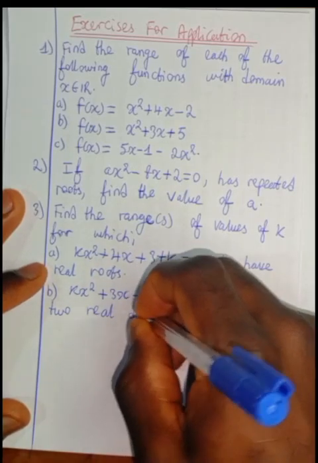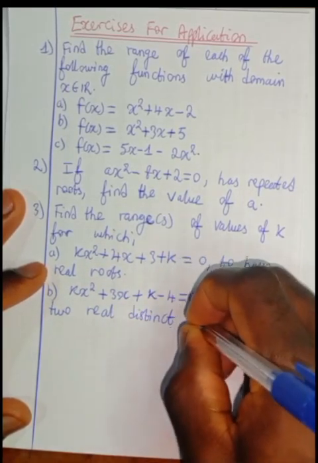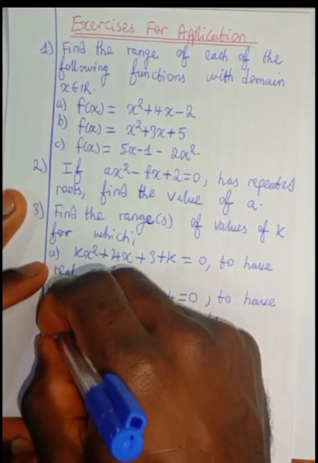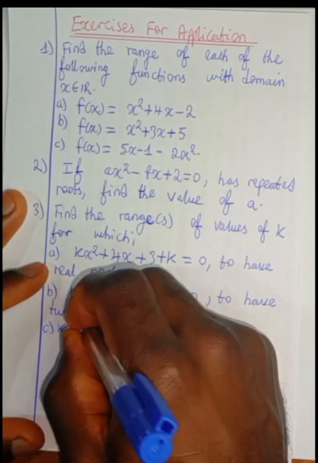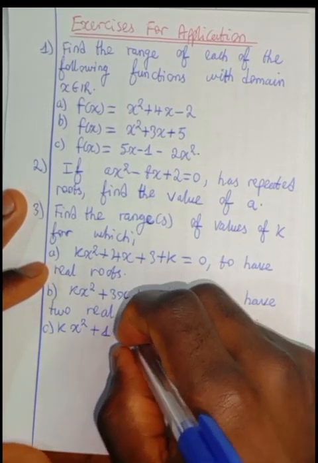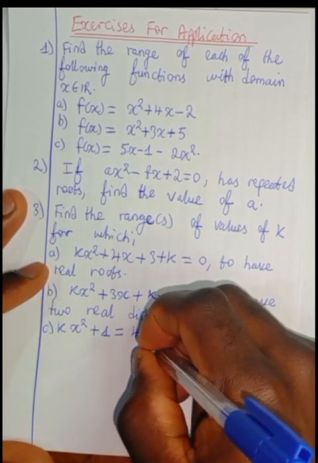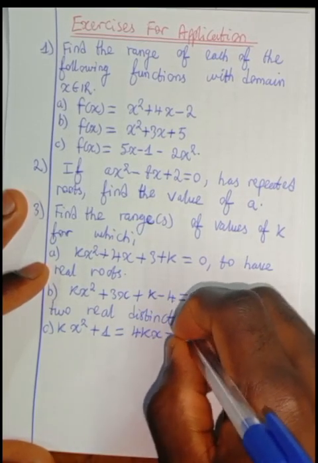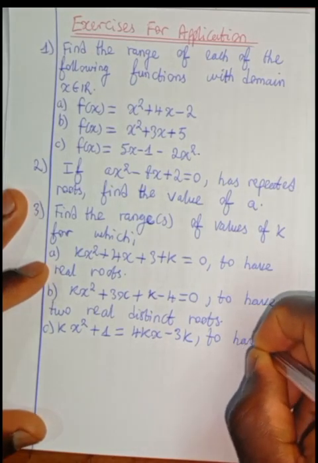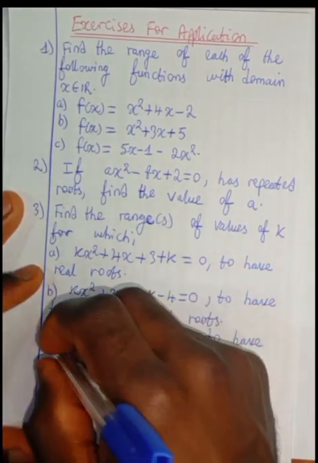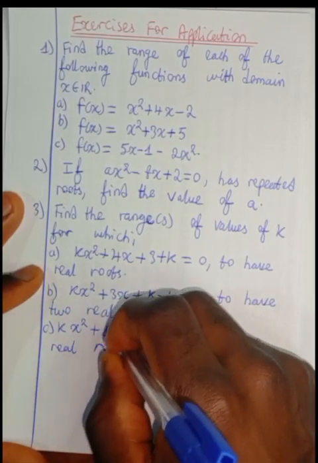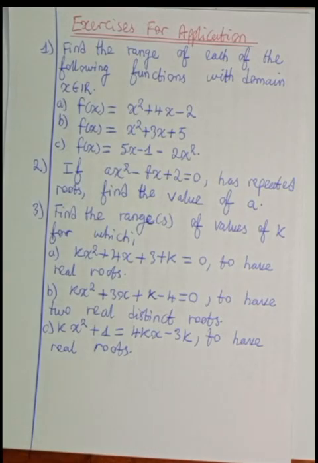Go to question C. Question C, we have kx squared plus 1 is equal to 4kx minus 3k, to have real roots. These are the three questions we have.